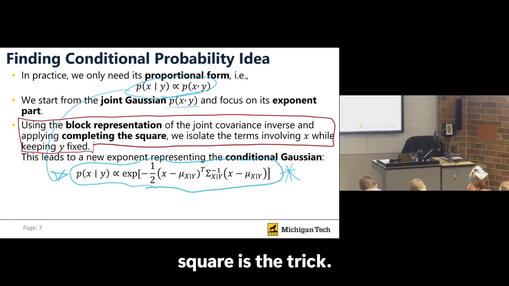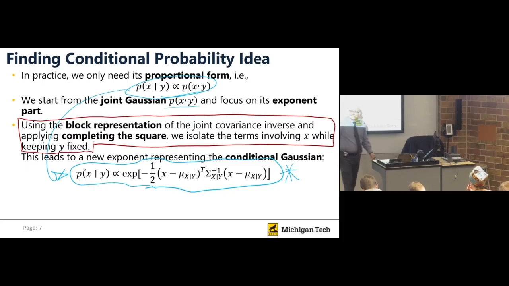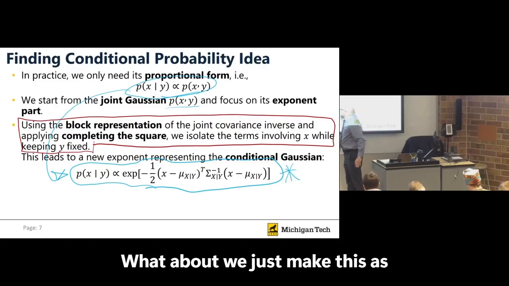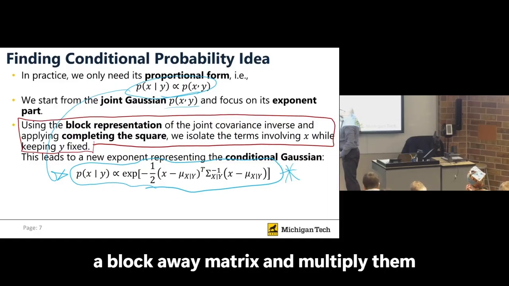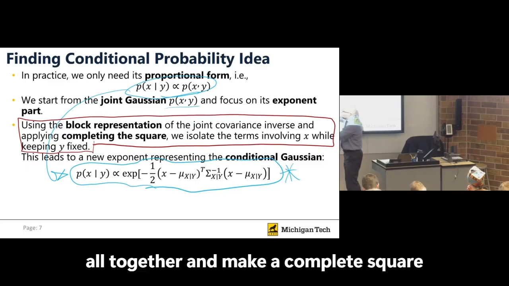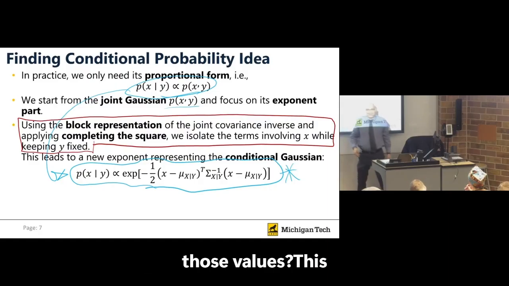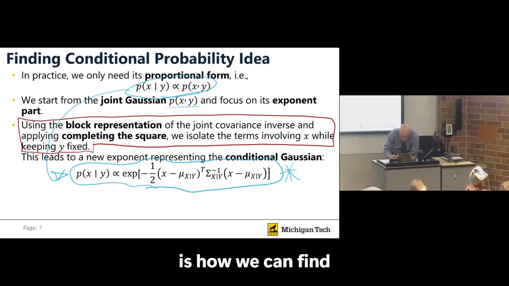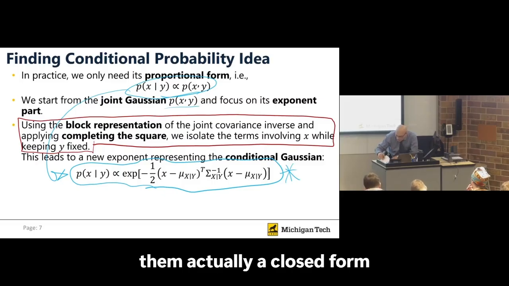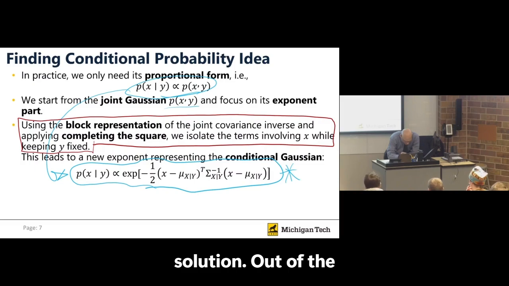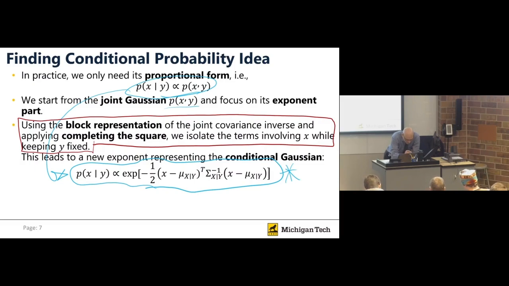The other trick is completing the square. What about we make this a block matrix, multiply them all together, make a complete square and find the new mu based on those values? This is how we can find a closed form solution out of the Gaussian conditional probability.